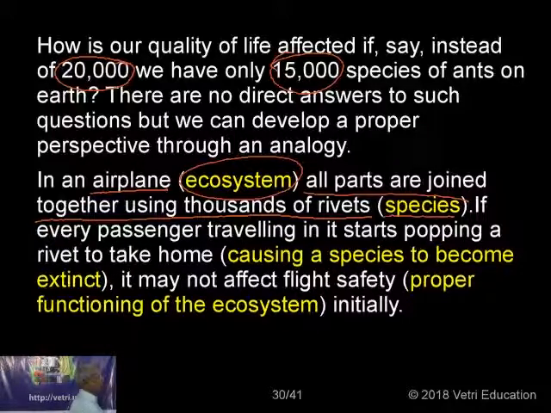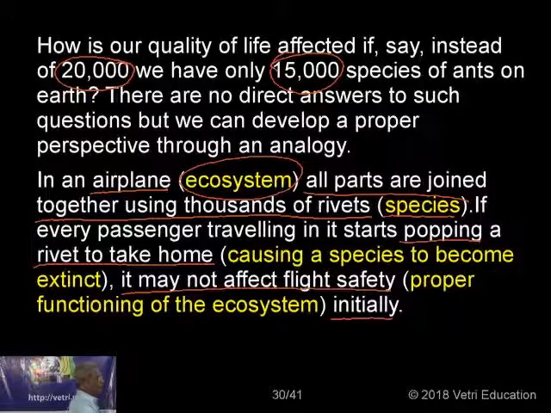If every passenger starts popping up a rivet and takes it home, causing a species to become extinct, it may not affect the flight safety initially. Initially there won't be any problem. If every passenger is stealing a rivet and taking it home, of course that will not be a problem to start with.